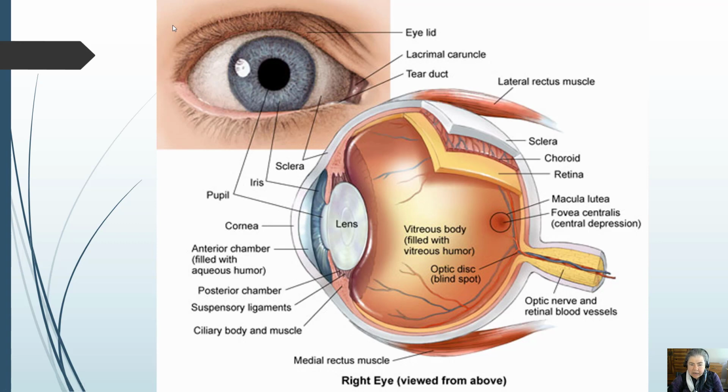And then of course there are muscles that are attached to the globe of the eye, and those are what we call the extraocular motor muscles. They include cranial nerves 3, 4, and 6. And you'll learn a lot more about them as you move forward through physical exam, for instance, and anatomy.